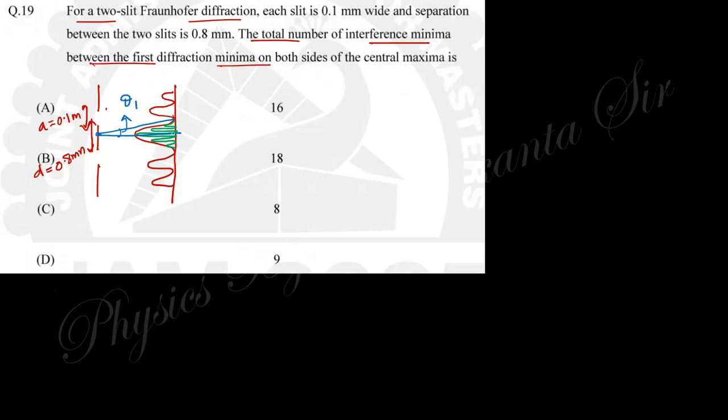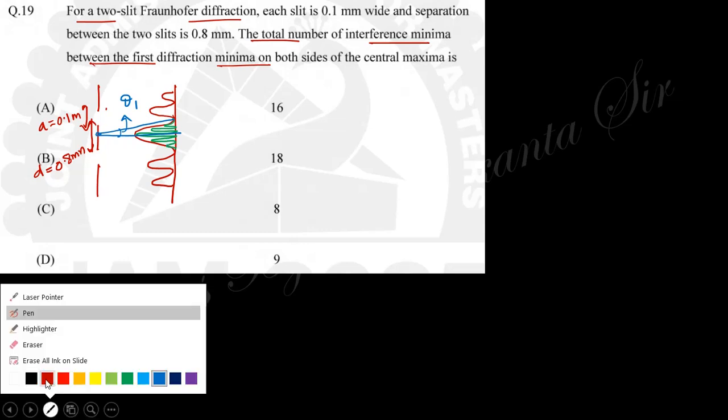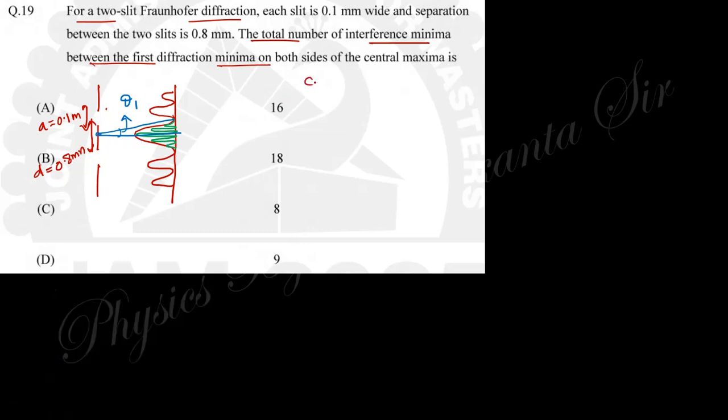If we consider this angle to be theta 1, then we need to find what number of interference minima occur within it. For that, we know the condition for diffraction minima.